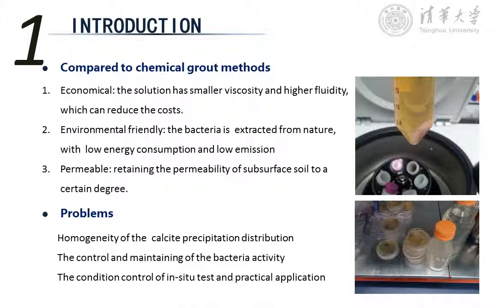But there are still some problems about this kind of reinforcement method, including the homogeneity of the calcite precipitation distribution, and the control and maintenance of the bacterial activity, and the condition control of the in situ test and practical application.